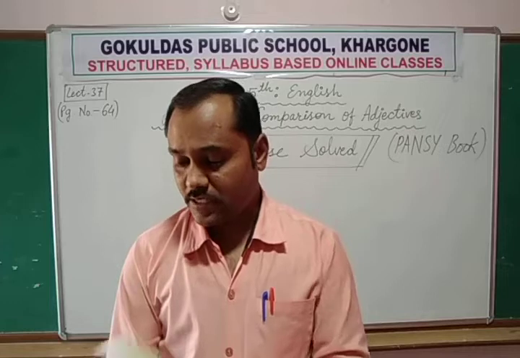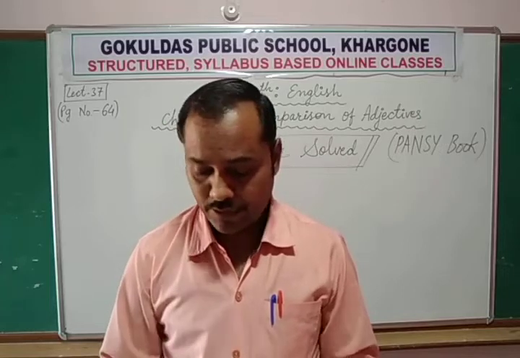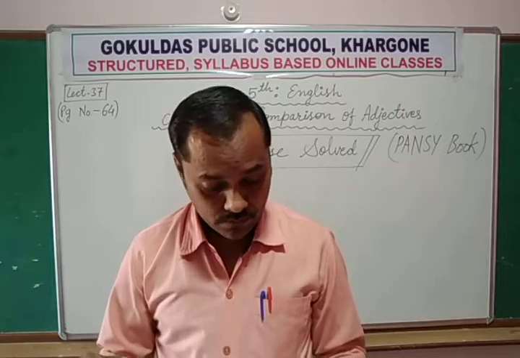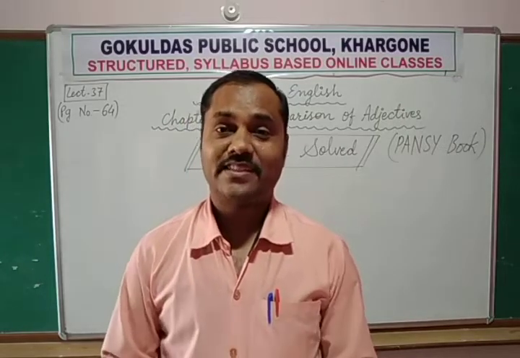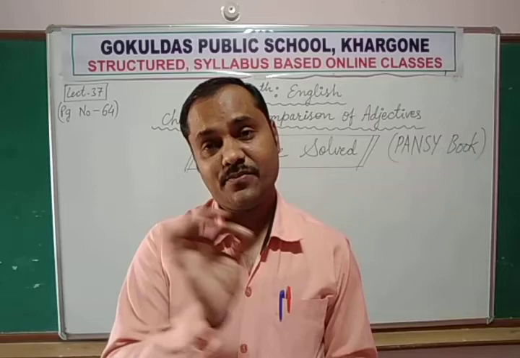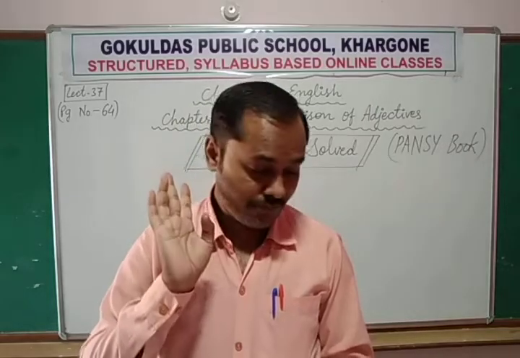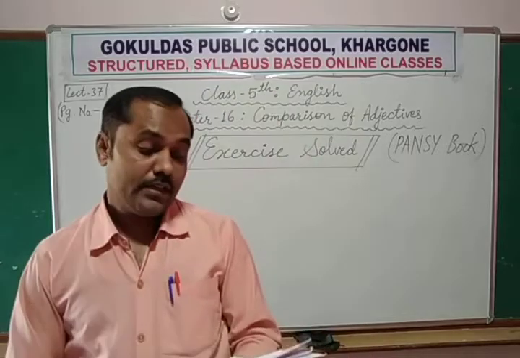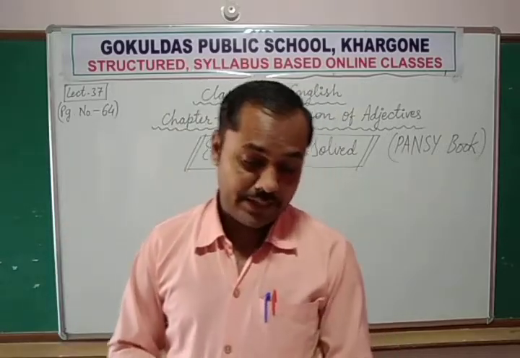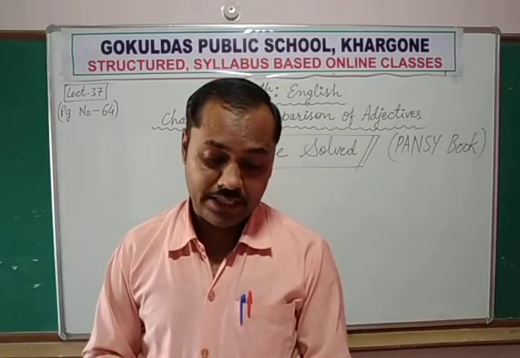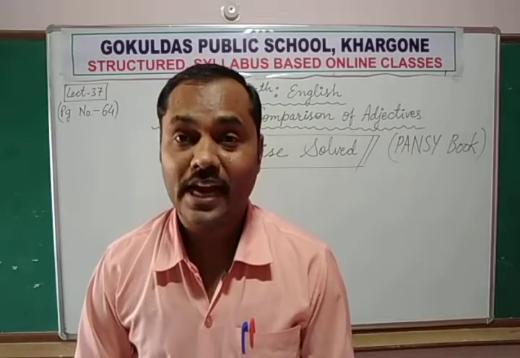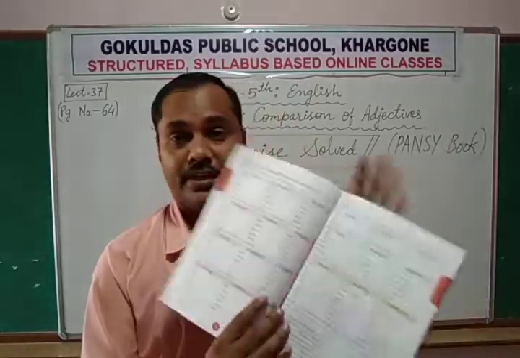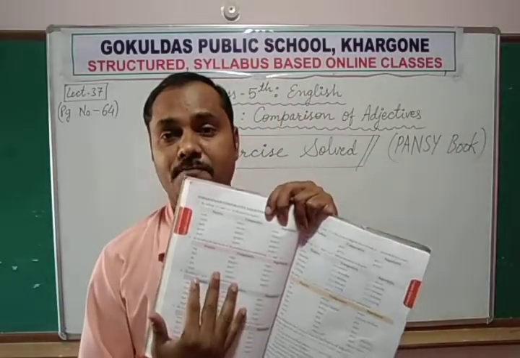Now this is the last topic, and we are going to complete this exercise. There are two exercises, exercise A and exercise B. Exercise A says: write the comparative and superlative degrees of the following adjectives, using the tables given in the previous pages.